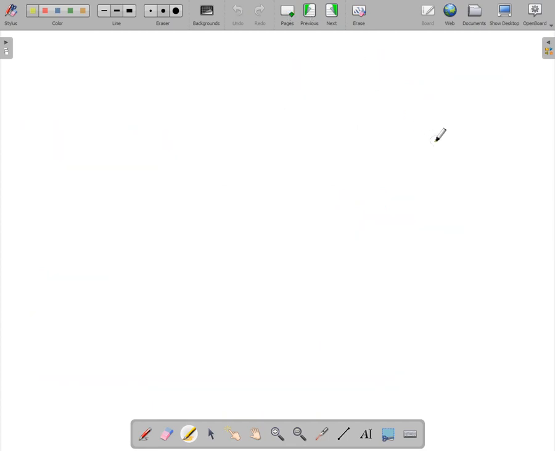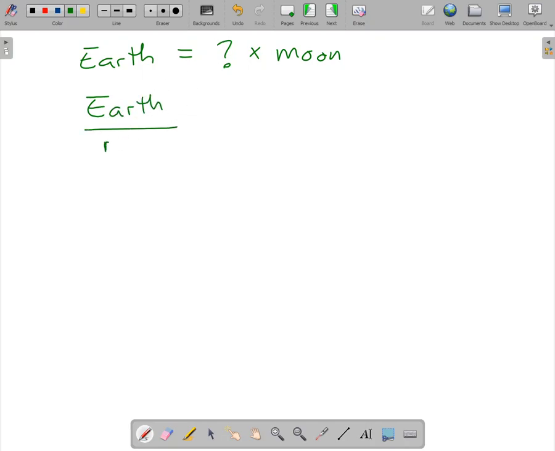So, new page. For this comparison, the question said the Earth equals what times the moon? If I want to solve for this multiplier, I need to divide the moon to the other side. So if I make a literal translation of that sentence and solve for the missing number, I get Earth divided by moon.